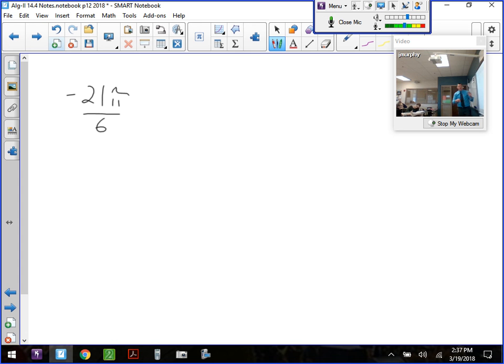So I add the 12 pi over 6 to make it less negative. If I add 12 to negative 21, we get negative 9. So now that's within 1 revolution.